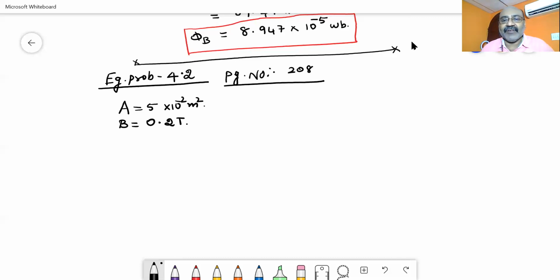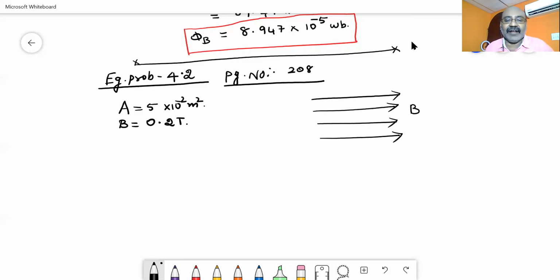The parallel lines represent a uniform magnetic field. Inside this, you have a circular area. About this diameter, the circular loop is rotating in this direction.